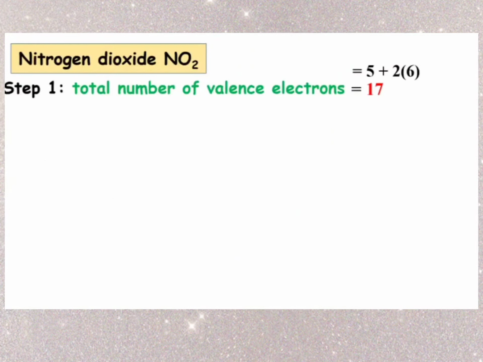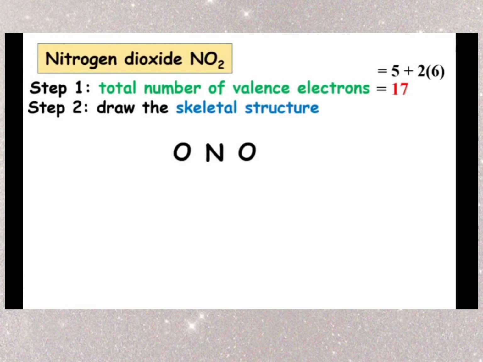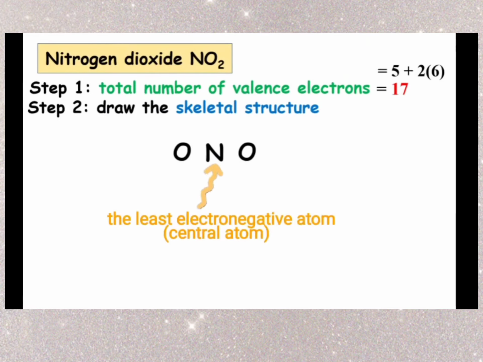Next, the Lewis structure of nitrogen dioxide. Step 1. The total number of valence electrons in nitrogen dioxide is 17. Step 2. We draw the skeletal structure of nitrogen dioxide. Always put the least electronegative atom, which is the central atom, at the center.